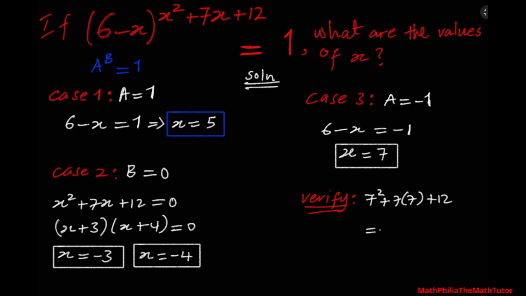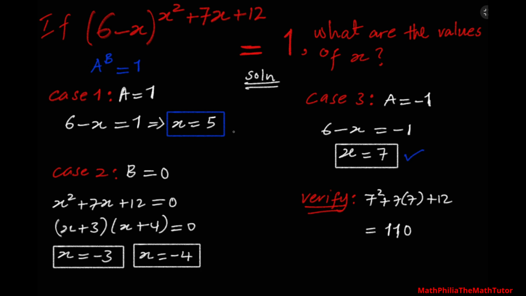Well, this is equal to 110. Okay, 110 is an even number, okay? So because it is an even number, negative 1 raised to the power of 110 is just positive 1, which is equal to 1. So therefore, this value here is also correct.